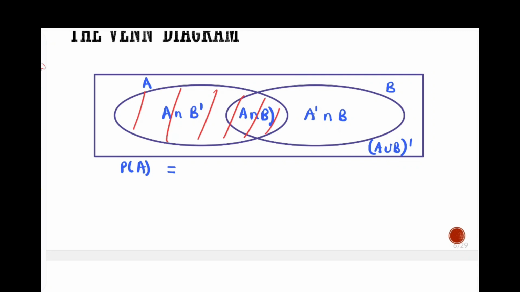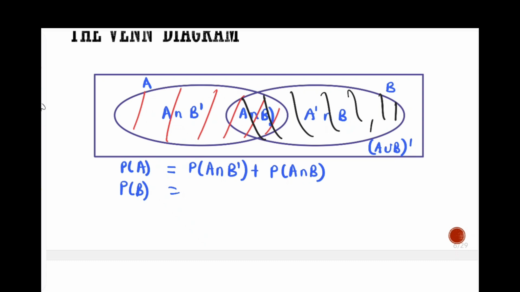So I'll add the probability of A intersection B complement plus the probability of A intersection B. Then if I want to get the probability of B occurring, it will be this entire set over here. So I'll get the probability of A complement intersection B plus the probability of A intersection B.